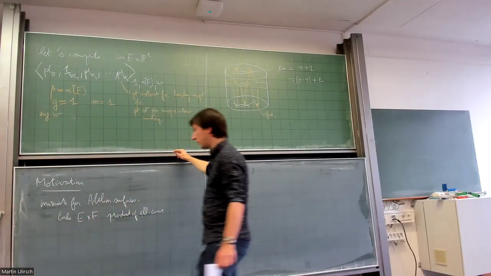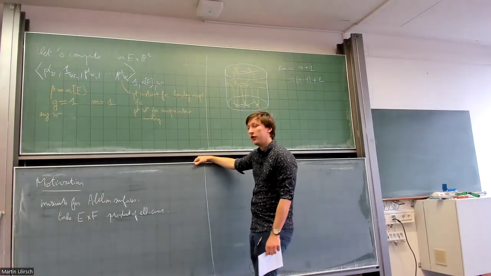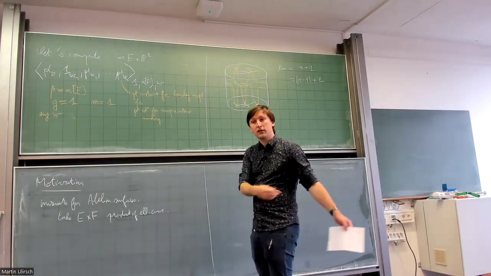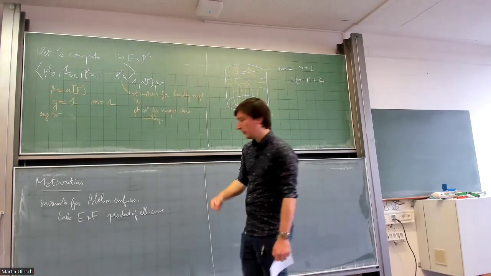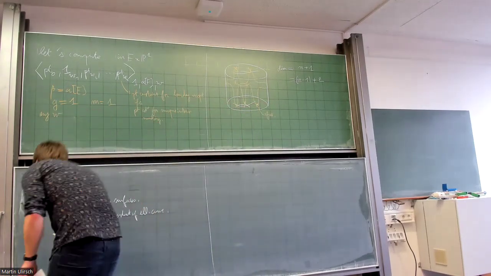And one common feature, a standard feature to understand curves in E cross F, is to degenerate E cross F to some easier surface with some singularities.